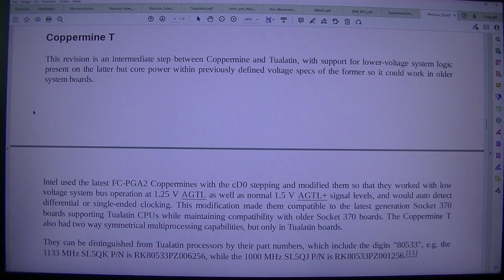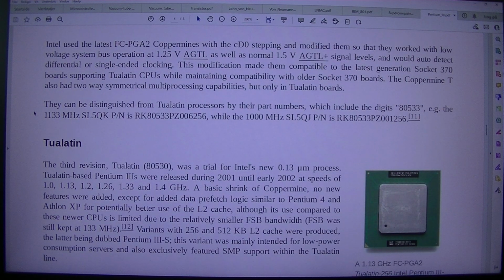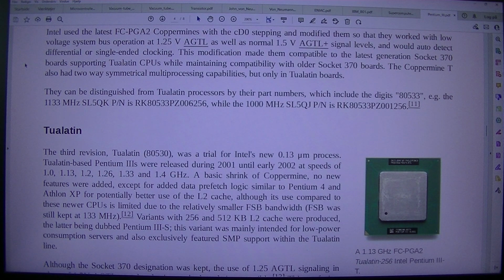Intel used the latest FCPGA2 Coppermines with the CD0 stepping and modified them so that they worked with low voltage system bus operation at 1.25 V AGTL as well as normal 1.5 V AGTL+ signal levels, and would auto-detect differential or single-ended clocking. This modification made them compatible with the latest generation Socket 370 boards supporting Tualatin CPUs while maintaining compatibility with older Socket 370 boards.